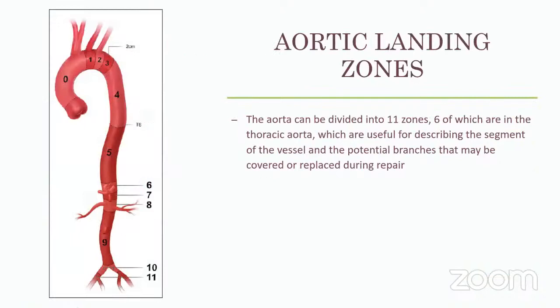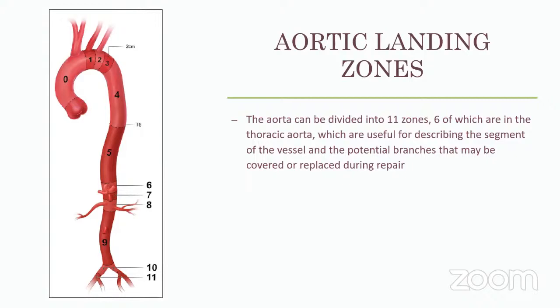Now we will speak about the aortic landing zones. What is the landing zone? The landing zone is an area of the aorta without disease that is used to land the stent safely. The aorta can be divided into 11 zones, 6 of which are in the thoracic aorta, which are useful for describing the segment of the vessels and the potential branches that may be covered or replaced during the repair.